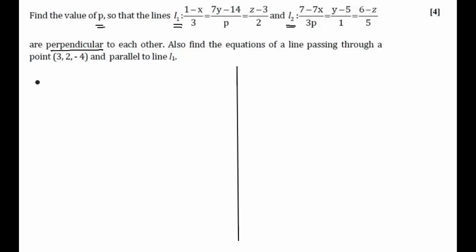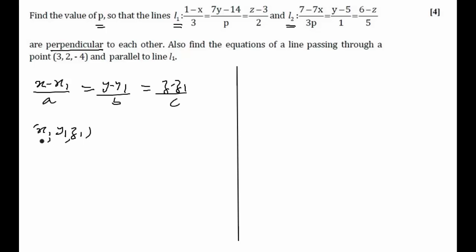So it goes something like this: (x minus x1) upon a is equal to (y minus y1) upon b is equal to (z minus z1) upon c. This is the Cartesian equation of a line which passes through the point (x1, y1, z1) and has direction ratios a, b, c, right?